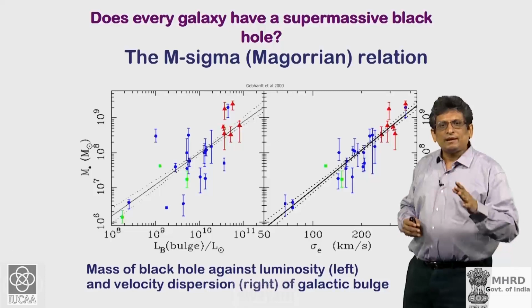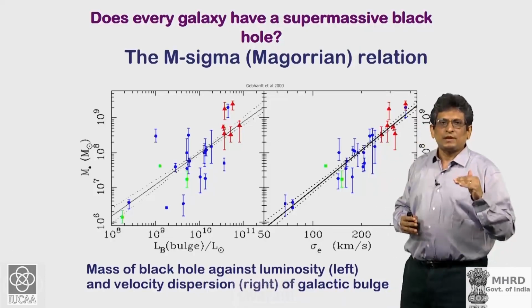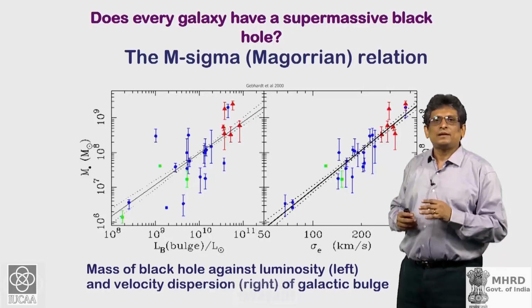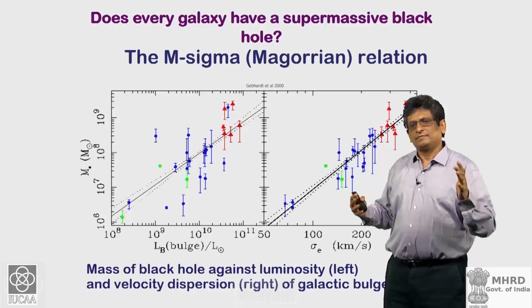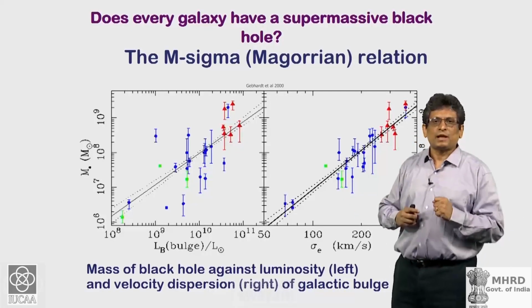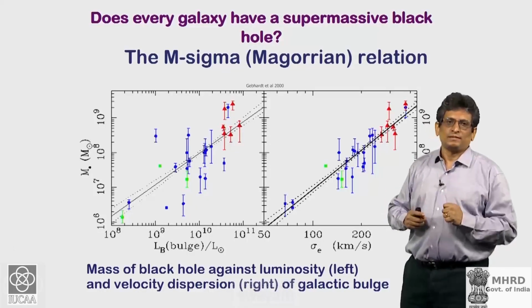Now, we see a kind of scaling relation between the mass of the supermassive black hole that's found in the middle of a galaxy and the size of the galaxy. Now, it's not the size really that scales with the supermassive black hole mass, but the mass of the bulge of the galaxy.